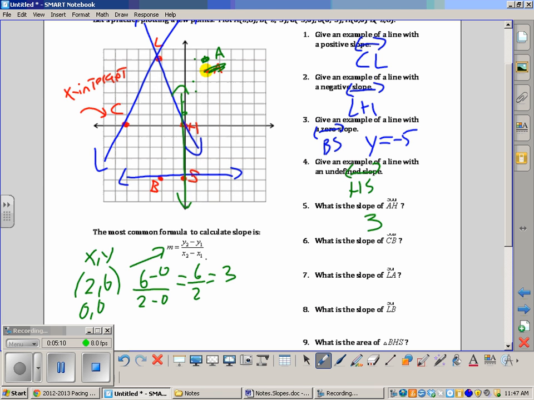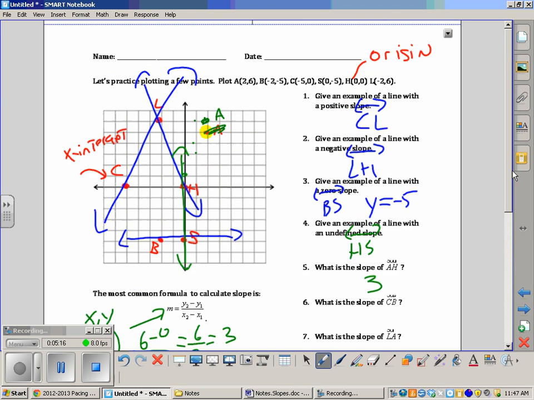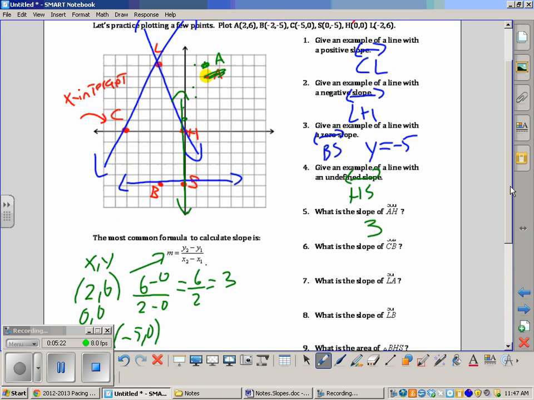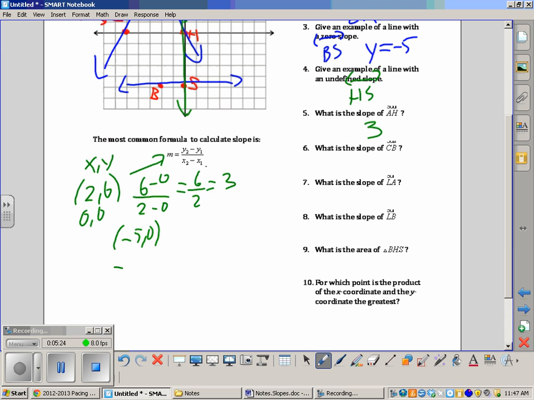CB. C is negative 5, 0, and B is negative 2, negative 5. So 0 minus negative 5, plus, it looks like negative 5/3.